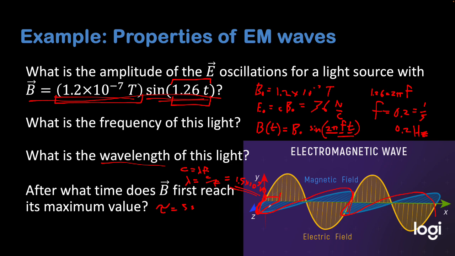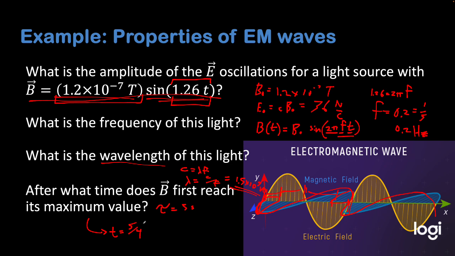So the answer is t equals the full period divided by 4, because here's 1/4 of the wave, there's another fourth when it goes back down to 0, another fourth when it goes all the way back up here, and then one more fourth to finish the whole oscillation.